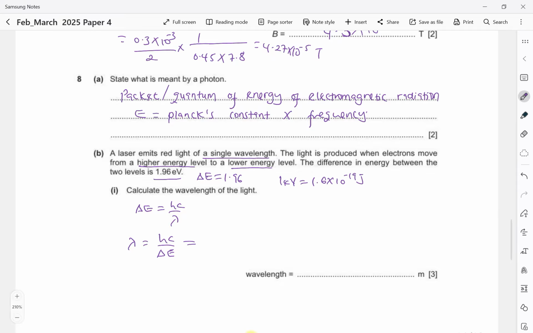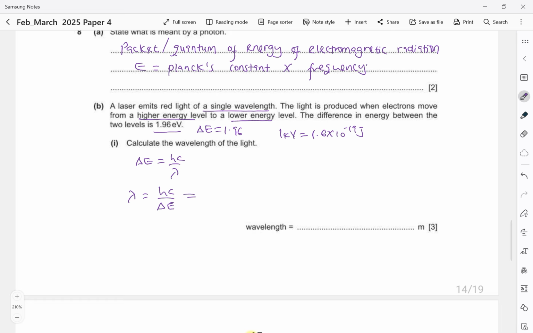So this is going to be equal to h, which is 6.63 times 10 to the power of minus 34, then c is the speed of light, which is 3 times 10 to the power of 8, divided by the energy change, which is 1.96 times 1.6 times 10 to the power of minus 19.